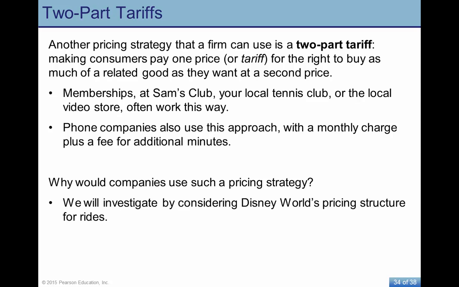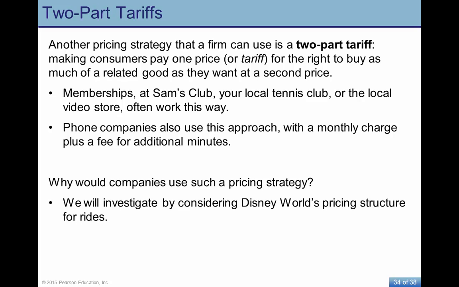Memberships at Sam's Club, your local tennis club, or the local video store often work this way. Phone companies also use this approach with a monthly charge plus a fee for additional minutes.